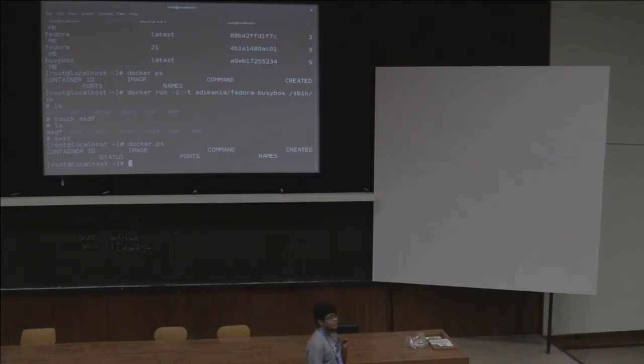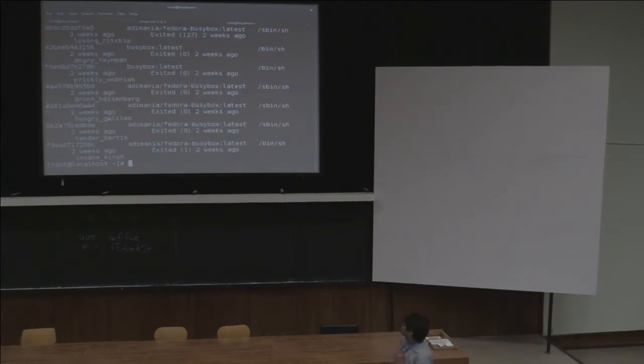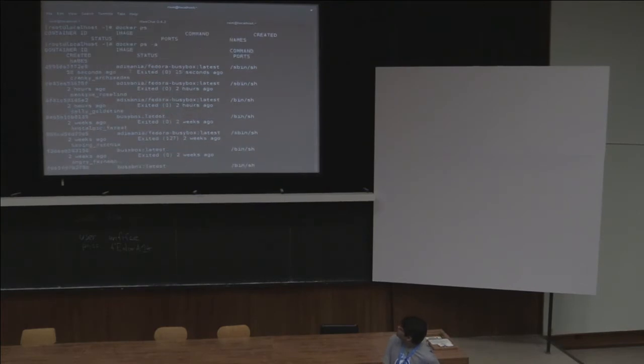How do I get it back? Right, so docker ps -a gives me a list of all the Docker containers that I have run over a period of time, which are not destroyed by me and are in stopped state.